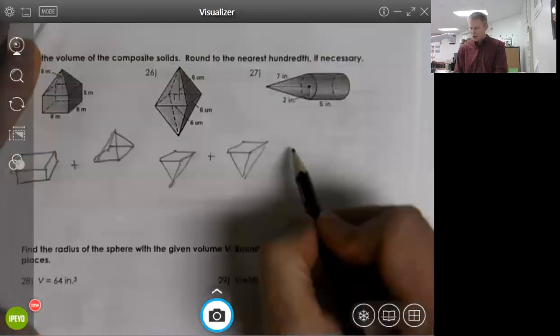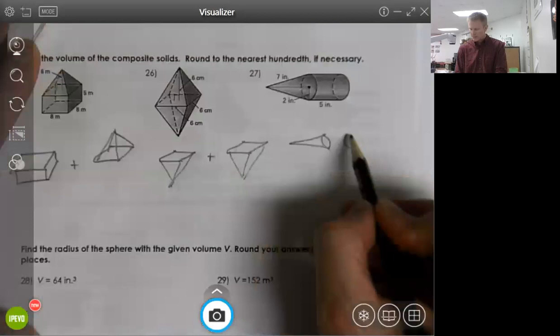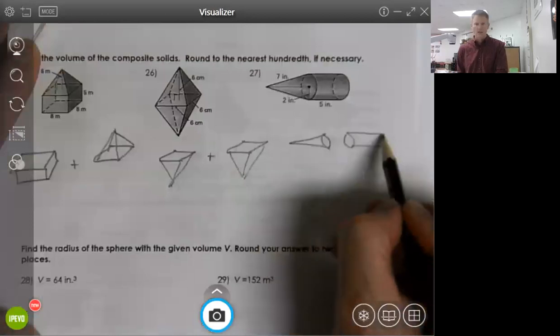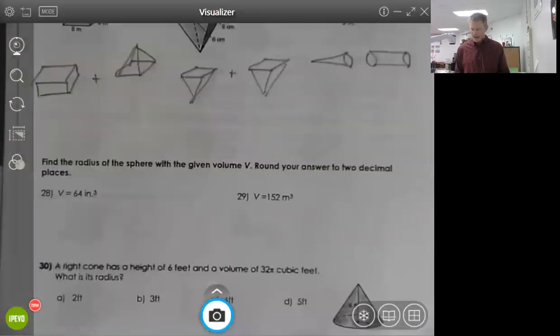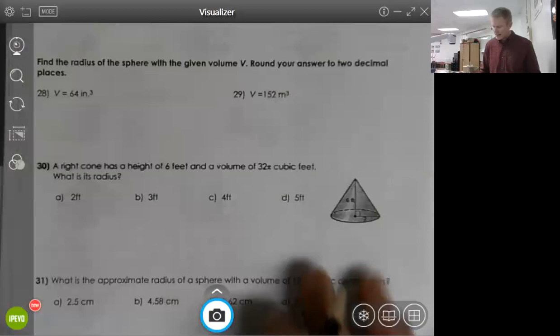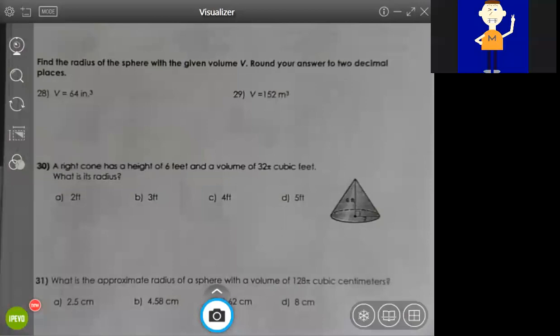Here we have a cone, plus we have a cylinder. So you'd have to find the volume of each one of those. And working down here at the bottom, we'd be setting those up in a similar format to how we calculated the rest of our problem.